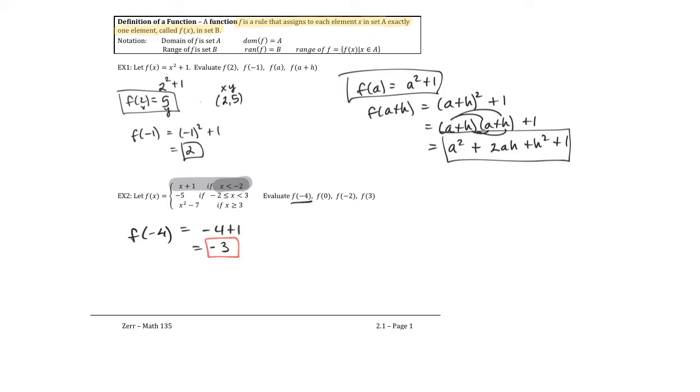Okay, but this next one, at 0, well, any x's between -2 and 3, the output is always -5. So f of 0 is the same as f of -2. It has an output of -5.